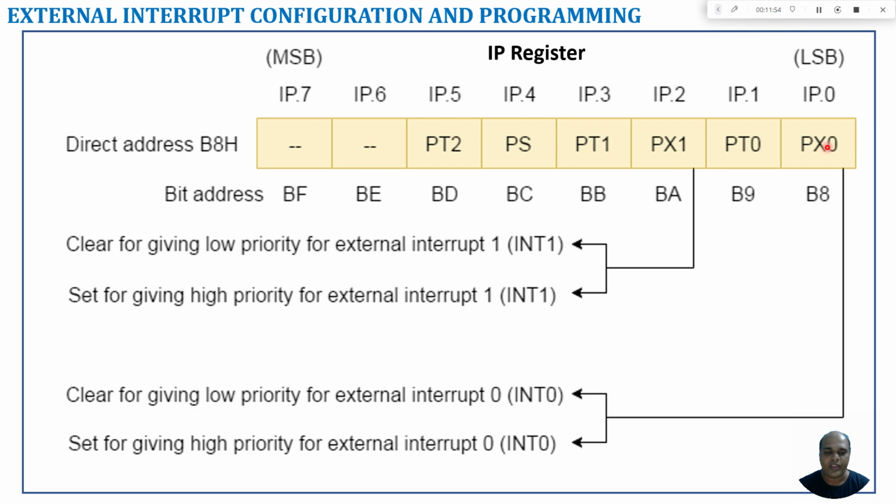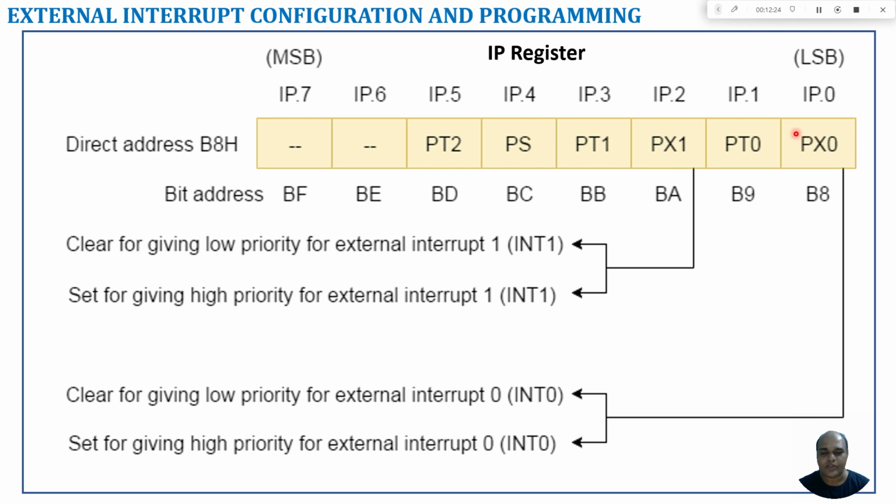Level 0 means a low level interrupt, level 1 means a high level interrupt. If I put PX0 to be 0, then external interrupt 0 is configured as low priority. If PX0 is set to 1, then external interrupt 0 is configured as high priority. So each interrupt can be in either of the two levels, level 0 or level 1.